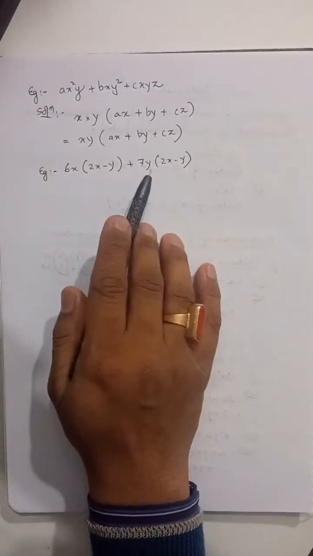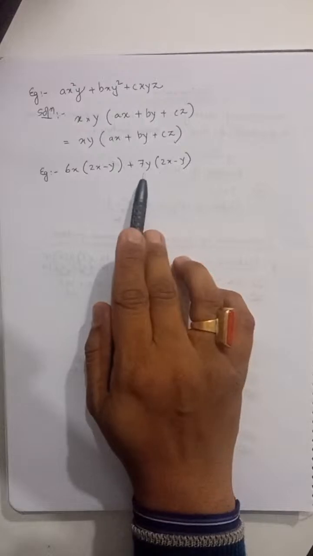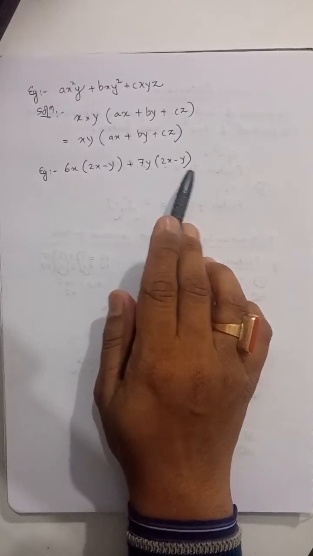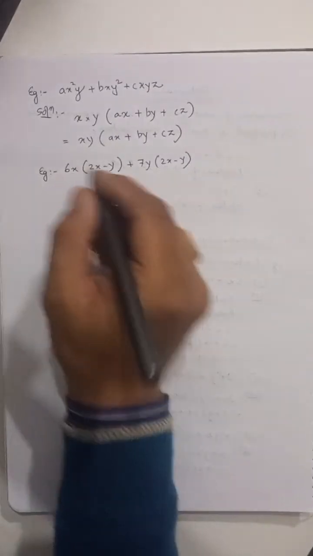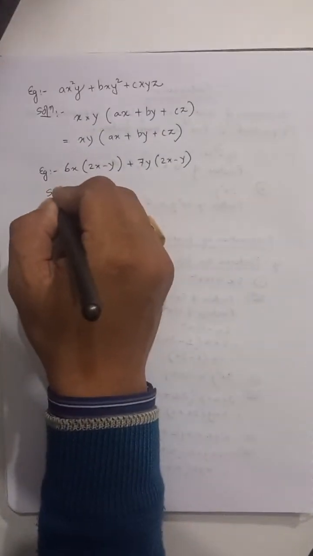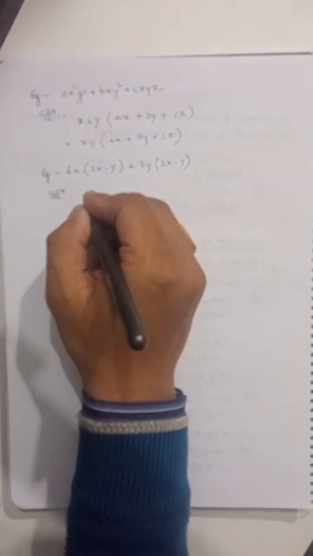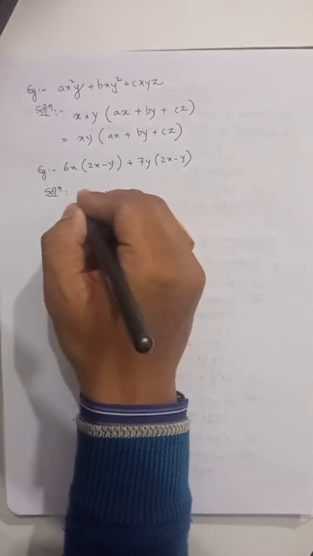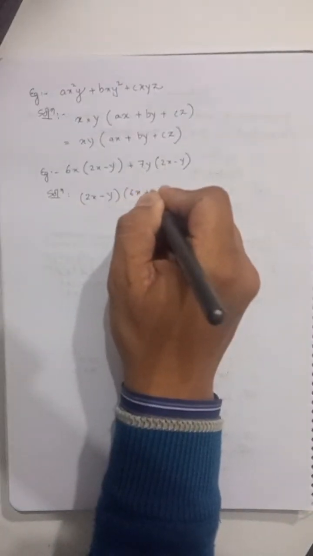The expression itself is a binomial: the first term is 6x into (2x minus y), the second term is 7y into (2x minus y). In these two terms we see that 2x minus y can be taken as a common factor; the common factor itself is a binomial. So we take 2x minus y as a common factor. This is just a one step solution, and we are left with 6x plus 7y. So this is our answer.